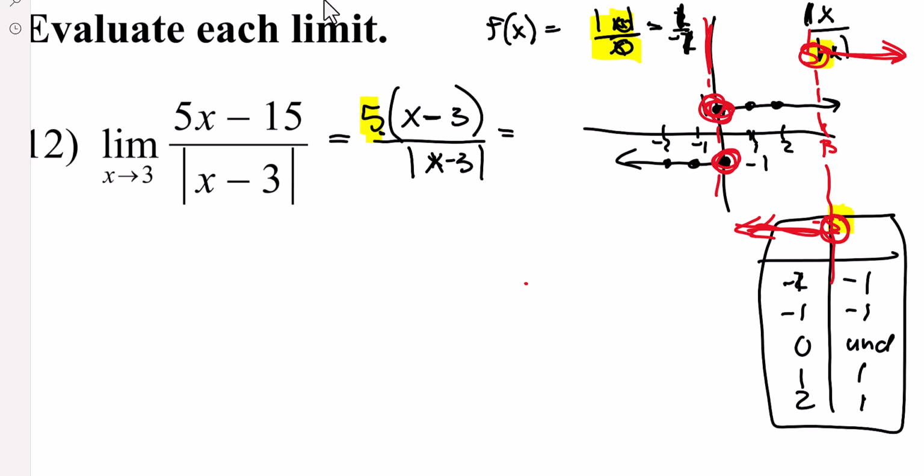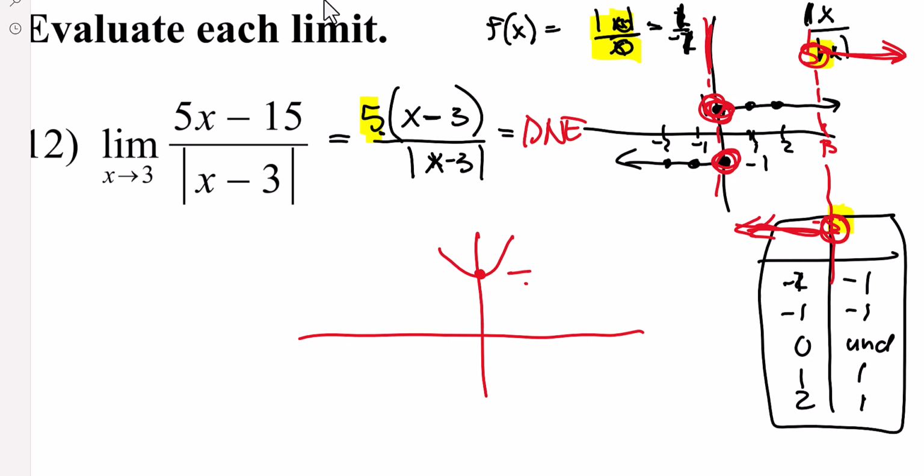Now, when you ask about the limit, you're going to write these 3 letters. It says does not exist, because for a limit to exist, that's why you look at the limit laws, from the left and the right side, the height needs to be approaching the exact same height.